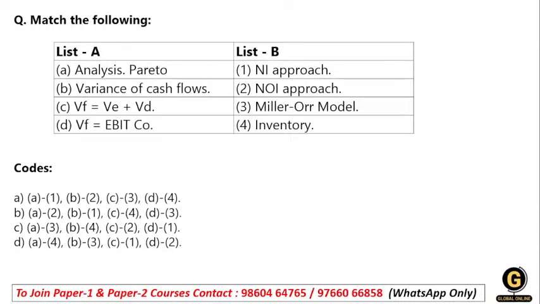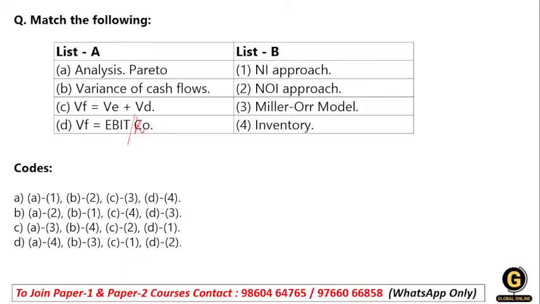The next question. Pareto analysis, then variance of the cash flow, then value of the firm is equal to VE plus VD, value of equity plus value of debt, and value of firm is equal to earnings before interest and tax over KO, the cost of capital.